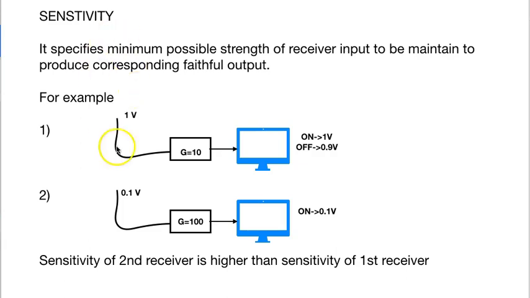What is meant by sensitivity is discussed over here. You can see that with a gain of 10, all the signals have almost the same amplitude. But with a gain of 100, you will see that it gets to 0.1 volt also. It is the possible strength of the receiver to be maintained to produce a corresponding faithful output.